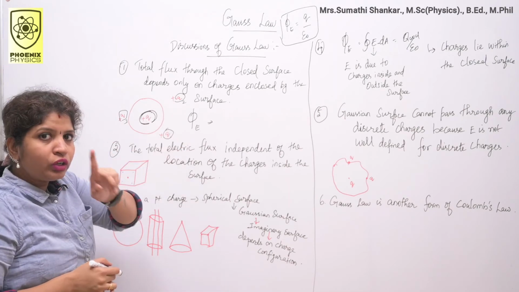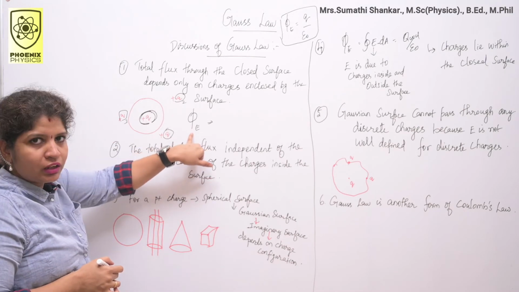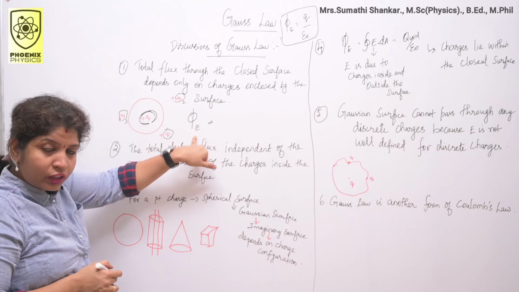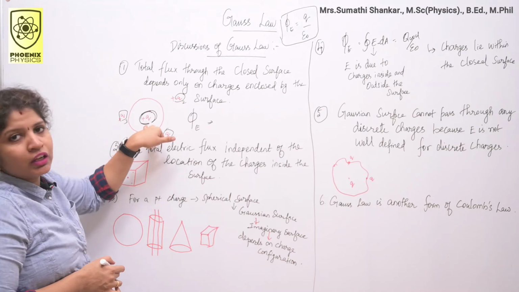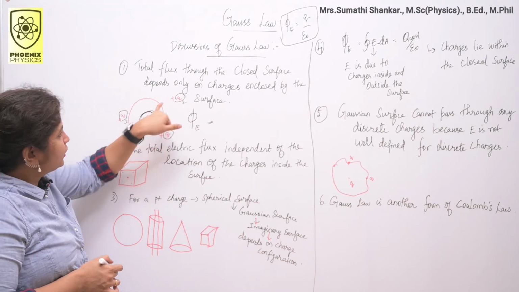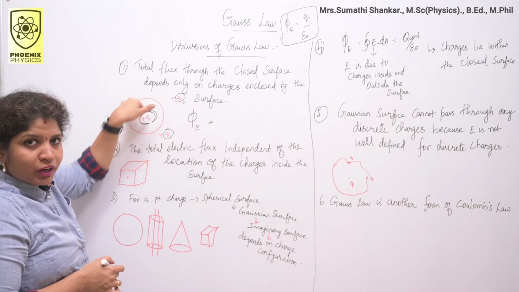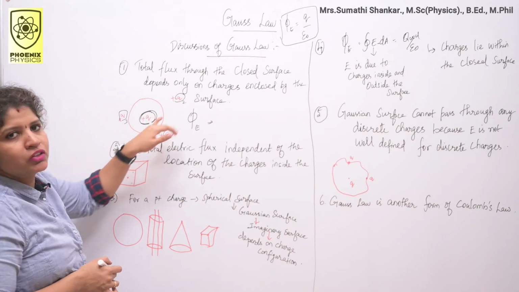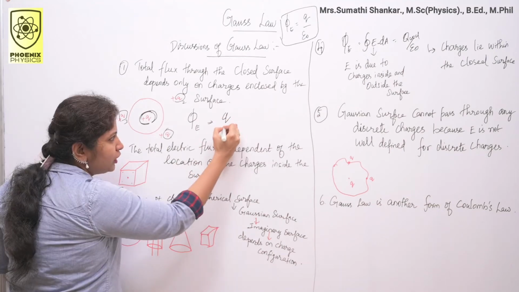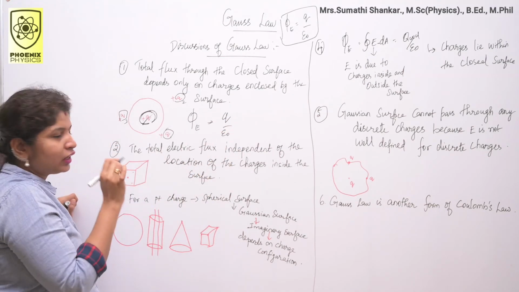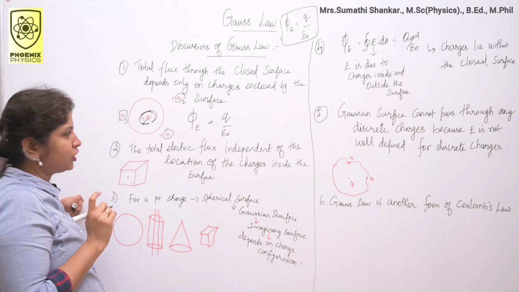But the total electric flux phi E depends only on the charge inside the closed surface. The charges present outside the surface will not contribute to the flux. It is Q by epsilon naught alone. We have to calculate only the inside charges.